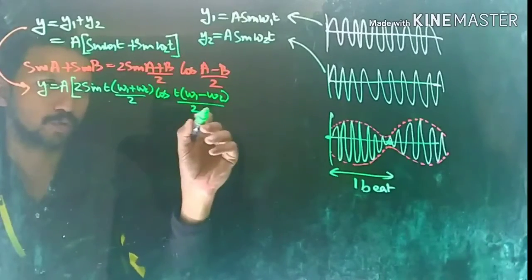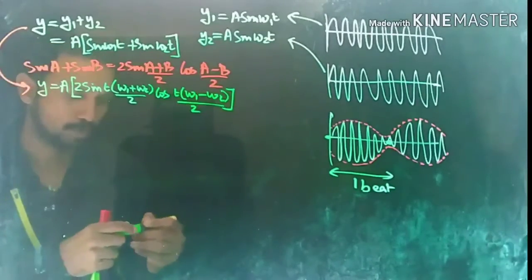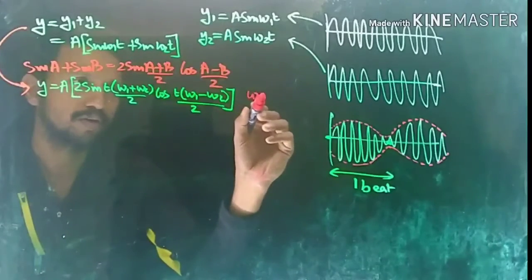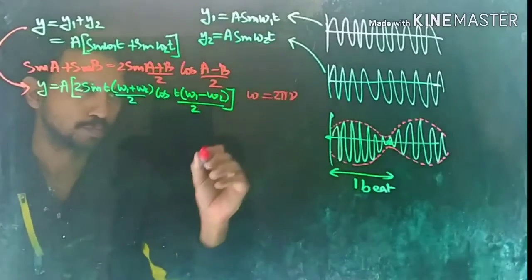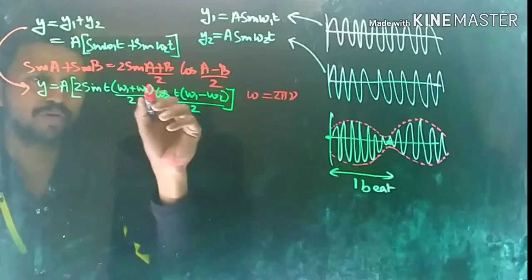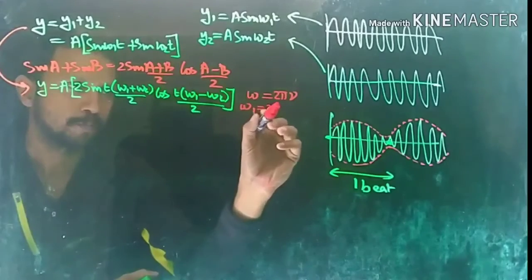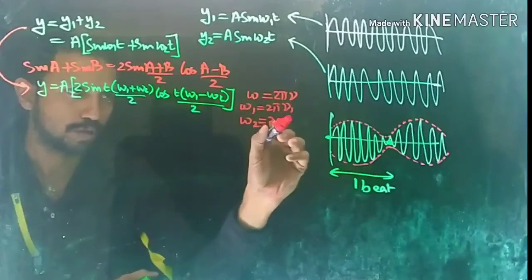Then, as we know, there is another identity, that is angular velocity omega is equal to 2 pi nu. Therefore, we could transform this omega 1 and omega 2. Omega 1 will be 2 pi nu 1, and omega 2 will be 2 pi nu 2.